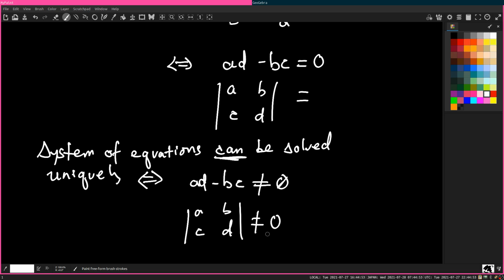Okay? That's what it means by the matrix is invertible. It means the system of linear equations can be solved uniquely.